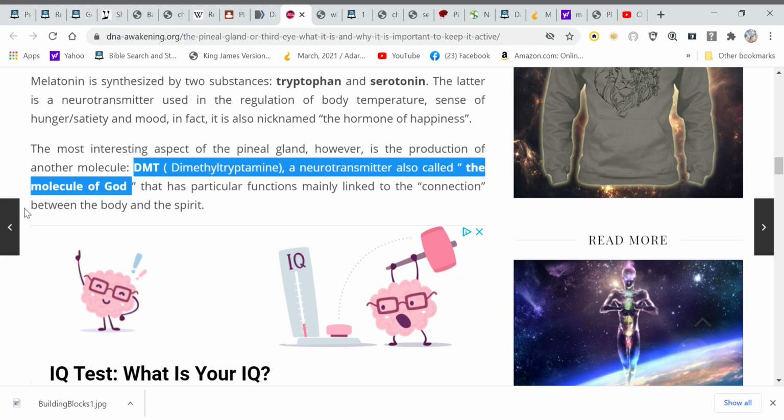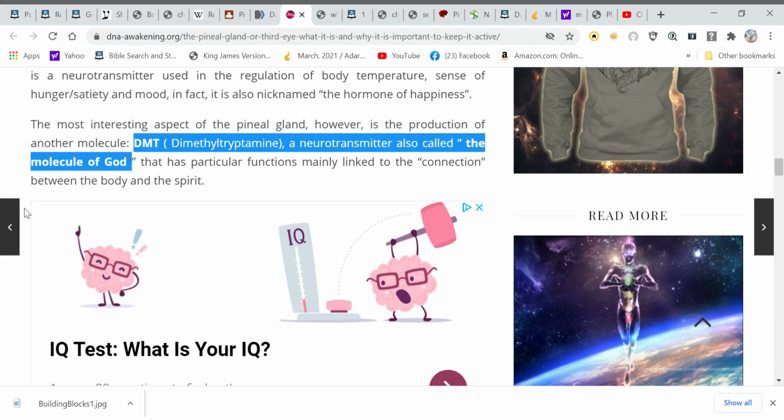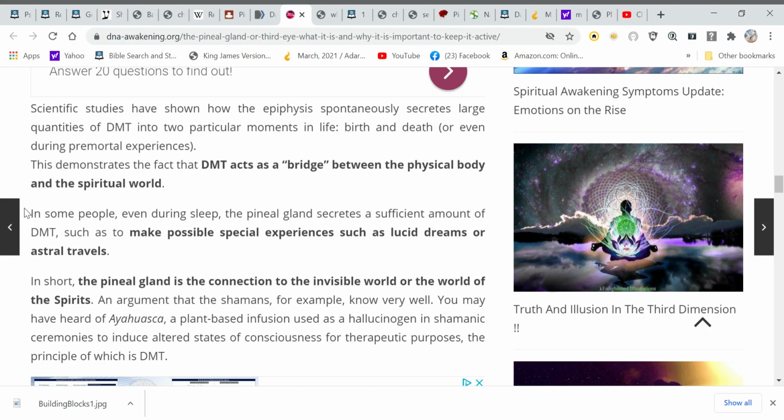So there again, we are seeing within different articles how this connects to God, and very clearly we can understand how it is the dwelling place for the Lord within this temple.